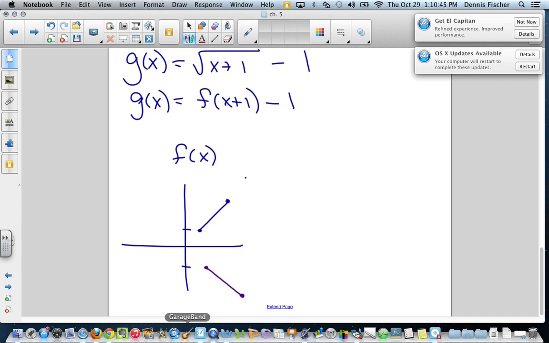So what happened? I flipped it across the x-axis. So how could I say g of x would be, could I say g of x is equal to a negative f of x? Because I took all my y values and made them negative, then I need an equation.